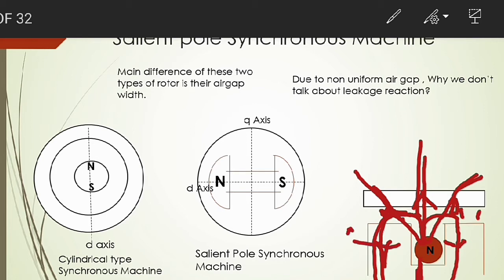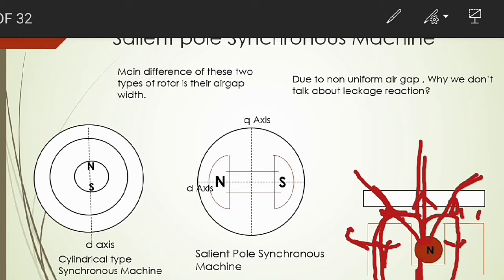Leakage flux does not interact with any rotor flux or any air gap flux. So whether the air gap is increased or decreased, there is no impact on the leakage flux. So we can say there is no impact on leakage reactance.